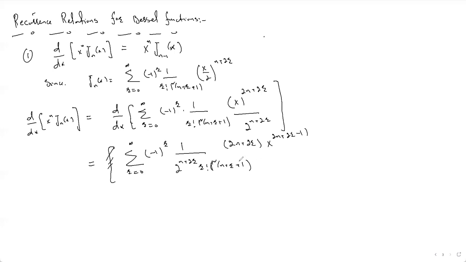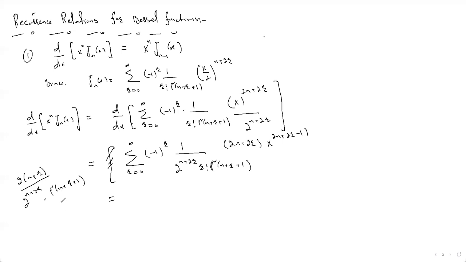Is it okay? Now I am doing this separately, then I will write it in one single step. Now this is 2n plus 2r. Can I write it as 2 into n plus r in the numerator? So now in the denominator it is 2 raised to power n plus 2r into gamma of n plus r plus 1, right?